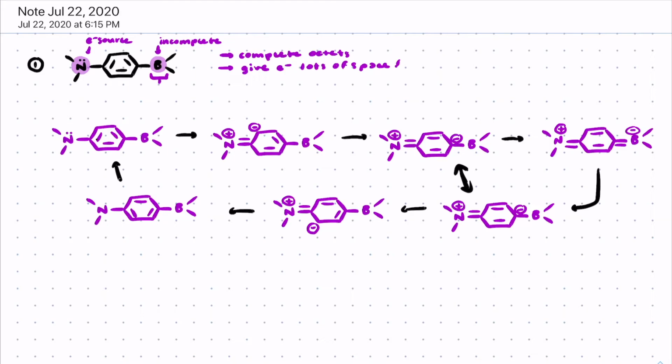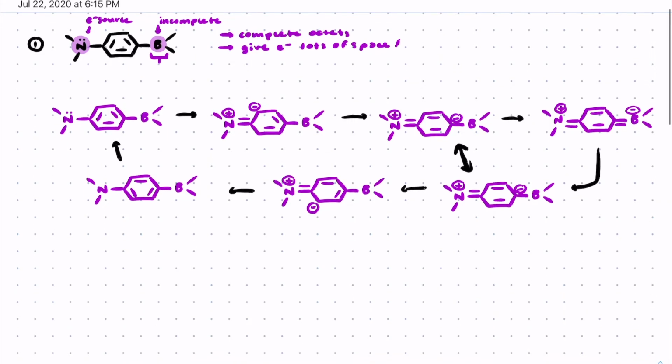But let's move on to question 2. Question 2 is going to ask you to draw the 3 staggered conformations of 1,2-dichloro-2-methylpropane. It sounds like a daunting name, but you guys are naming masters at this point.